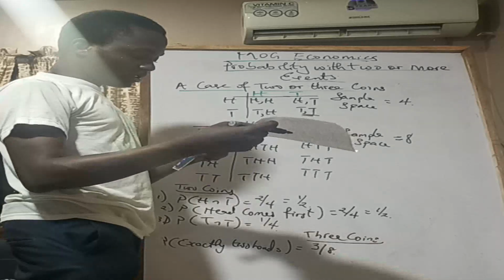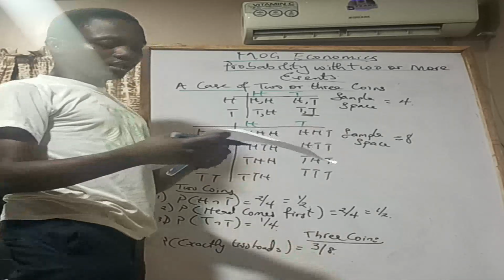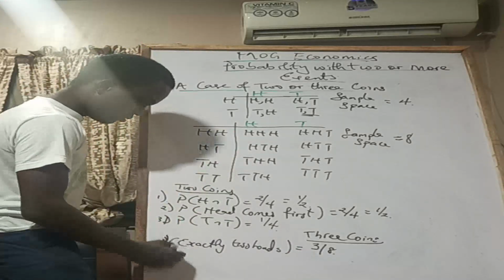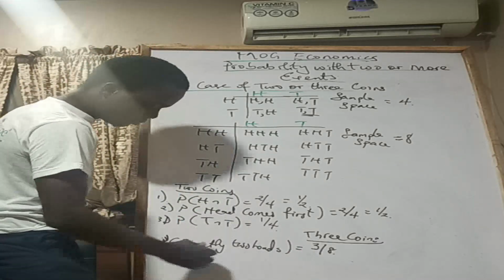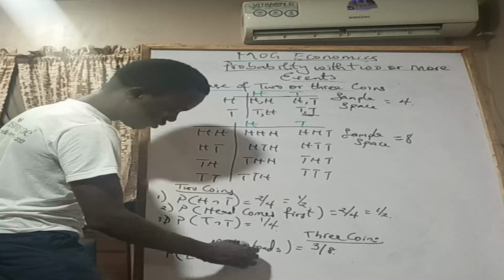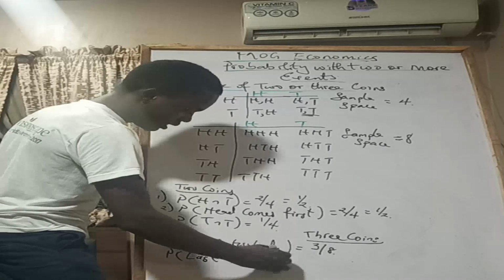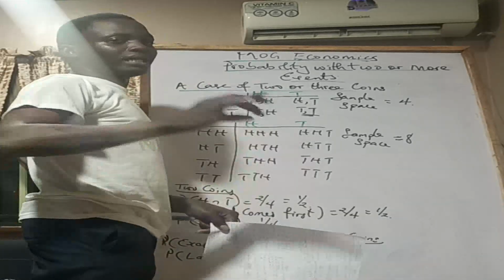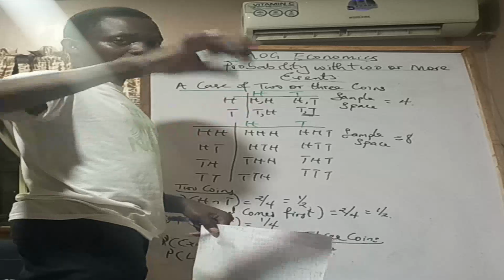Now the next one says the last 2 tosses comes up tail. Let me just say last 2 tails. So you are looking for where tail and tail happens to come at the end, so you have TT.